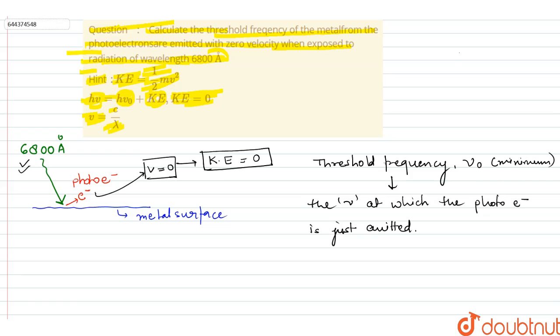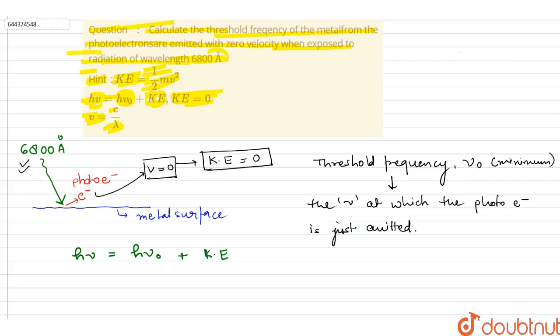Now in the question we have been given the wavelength and we have been given an equation. So they have said that the kinetic energy is equal to 0. So we have been given this equation, that is h nu is equal to h nu naught plus kinetic energy. Now kinetic energy has been given as 0. Why is it equal to 0?